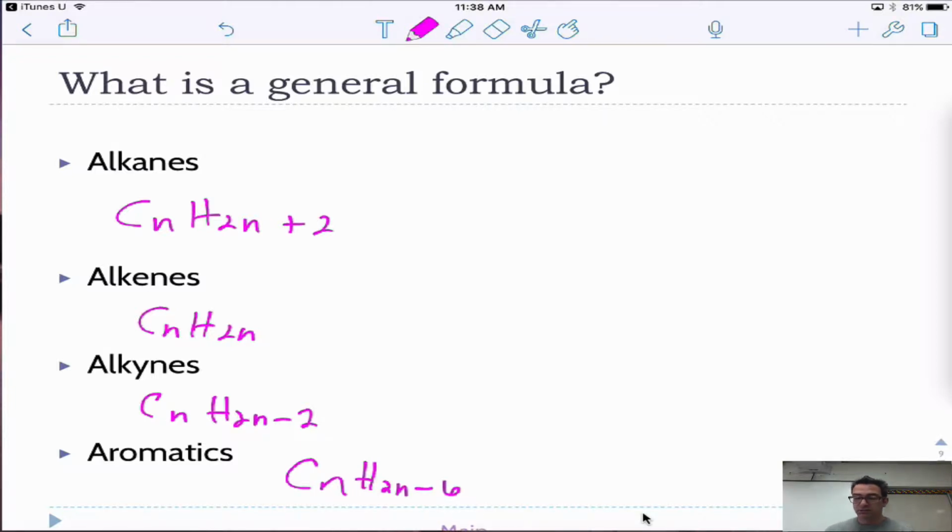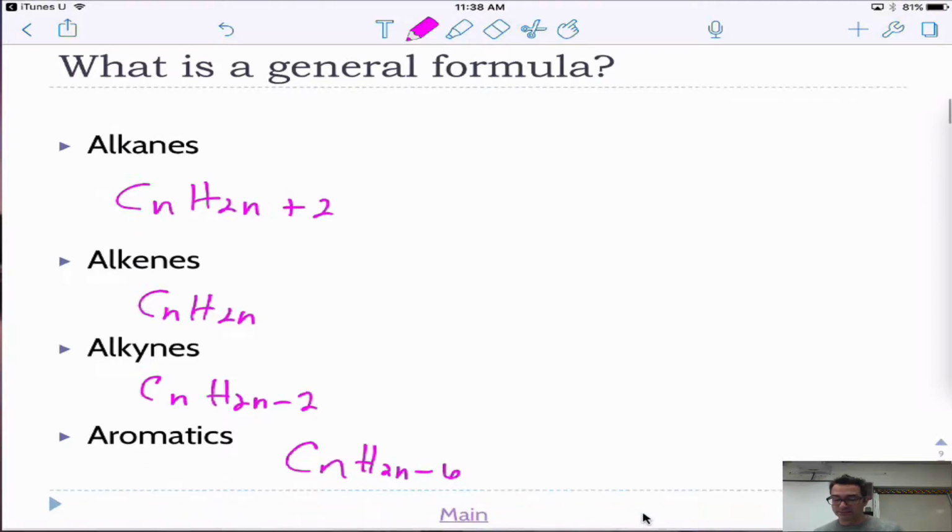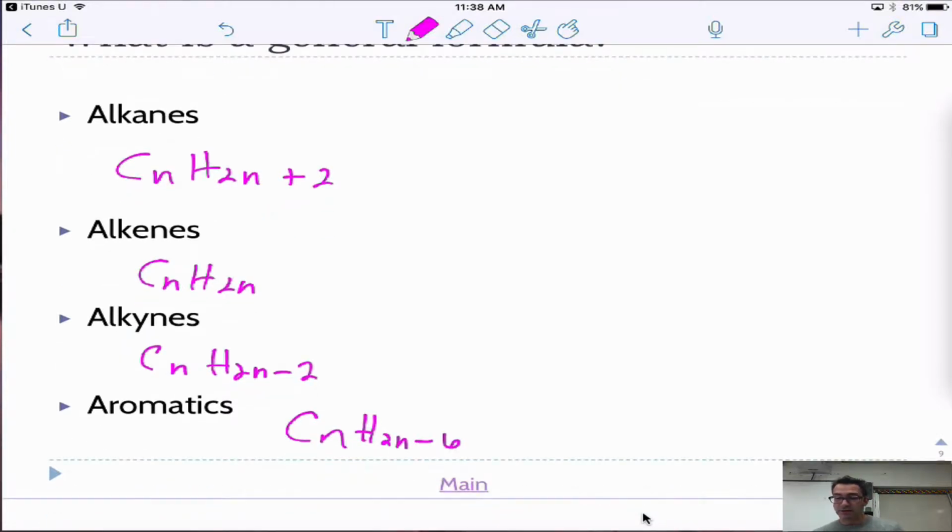And so these are the general formulas. We can plug in these formulas based on the different compounds that we have and see which one fits. If I gave you something like C6H12, I could ask you, well, which homologous series does this fall into? And then you could figure out which one it matches.